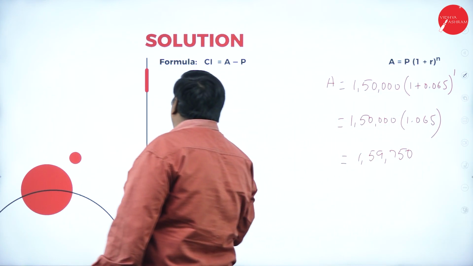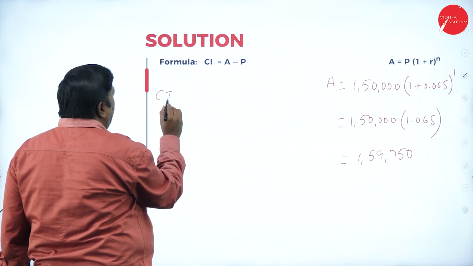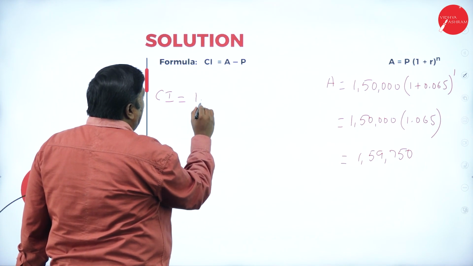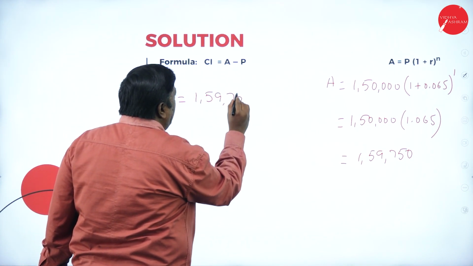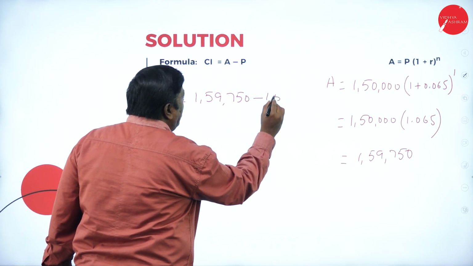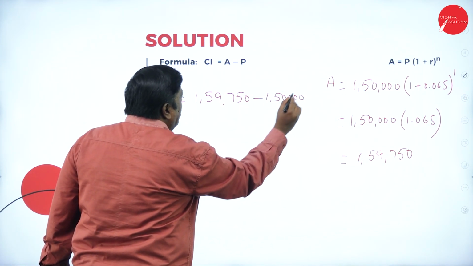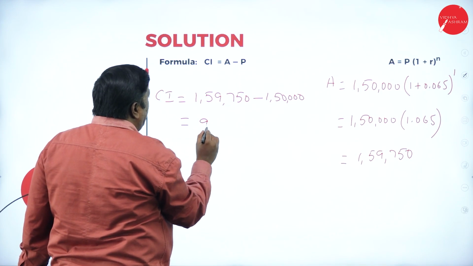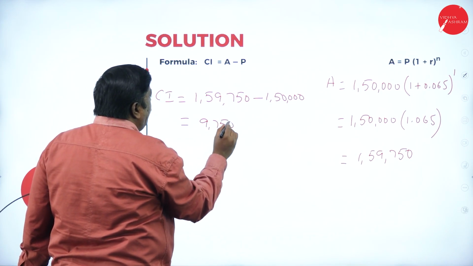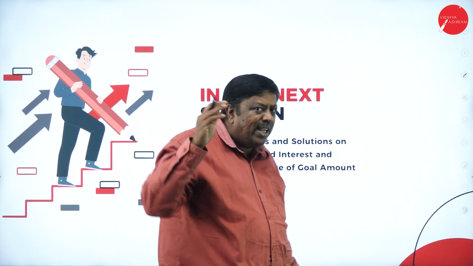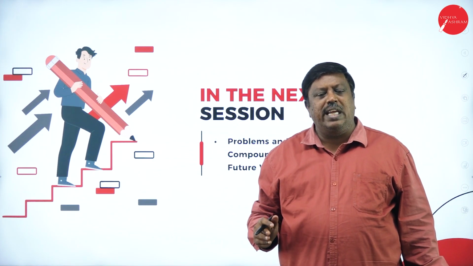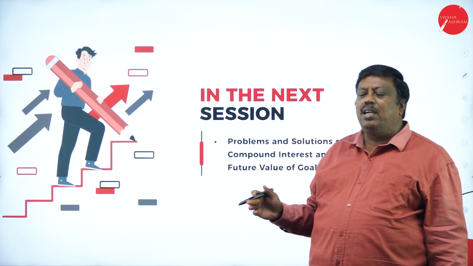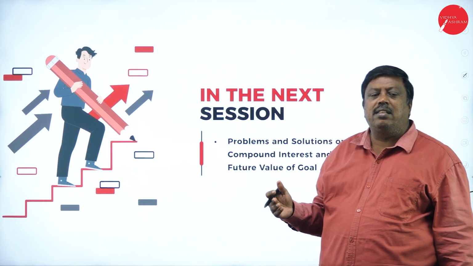So now my compound interest will be 1,59,750 minus 1,50,000. The interest will be 9,750.